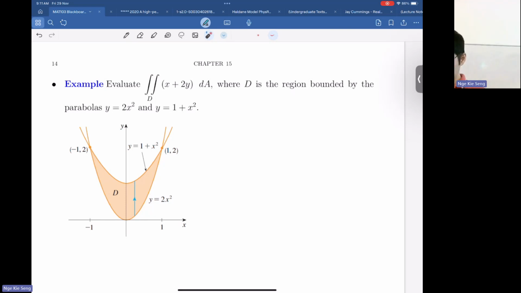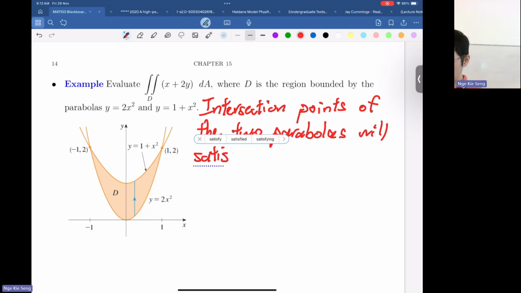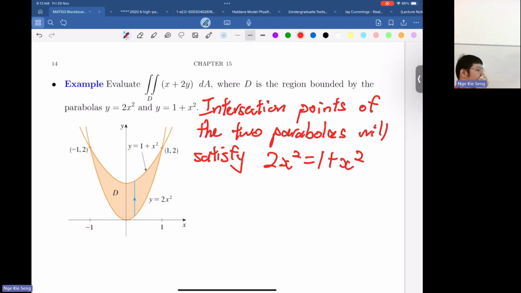So you can write that the intersection of the two parabolas will satisfy 2x squared equals 1 plus x squared.